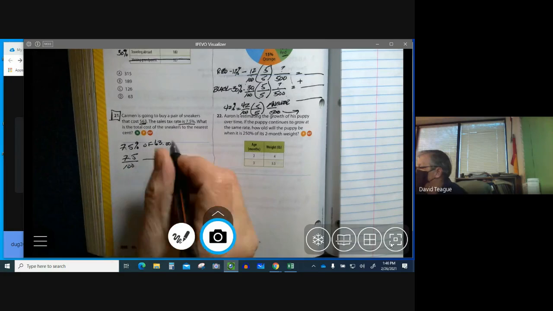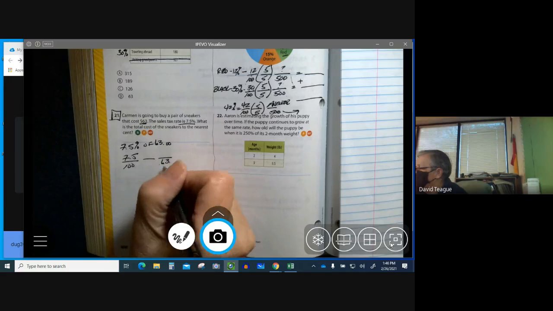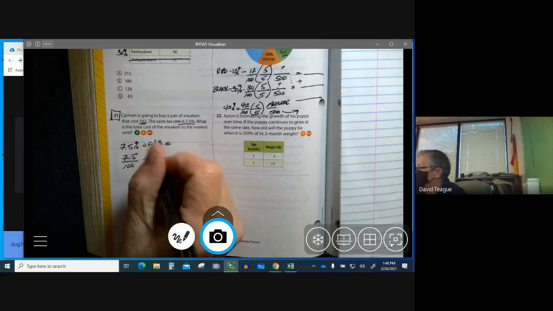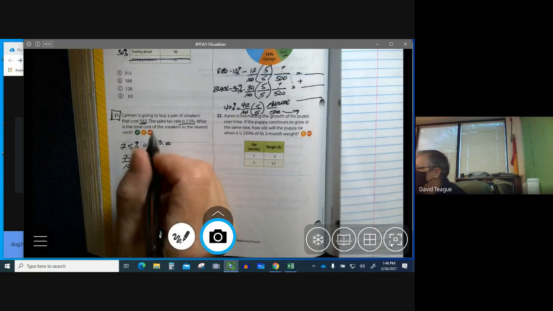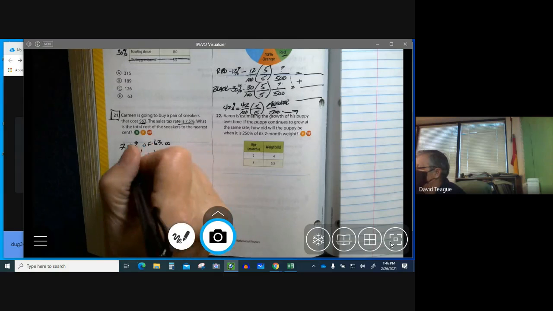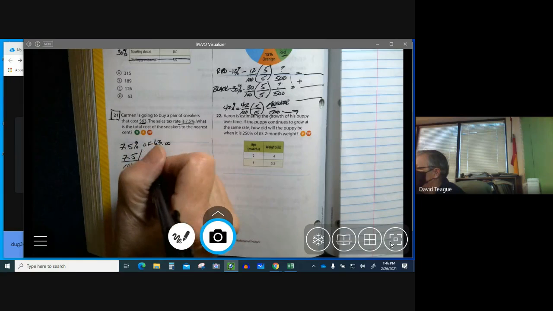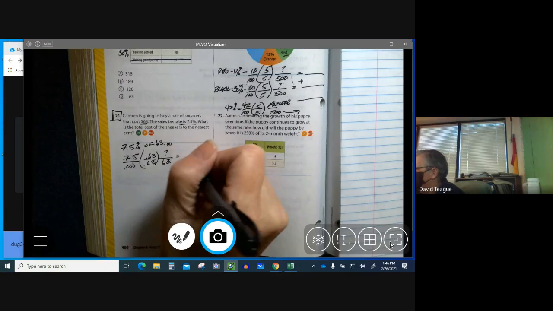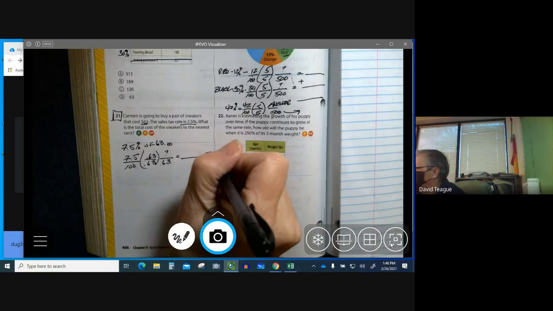This is a multiple of 10, so if I move my decimal point 2 places, it's 0.63. It's just easy when you have a multiple of 10. So whatever I do to the denominator, I have to do to the numerator. You multiply 7.5 by 0.63, and you get your sales tax.